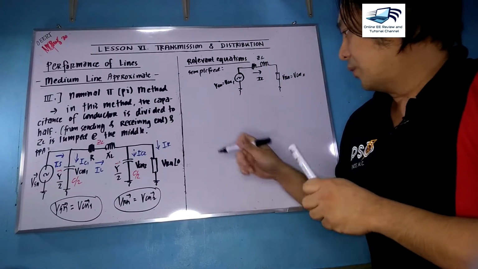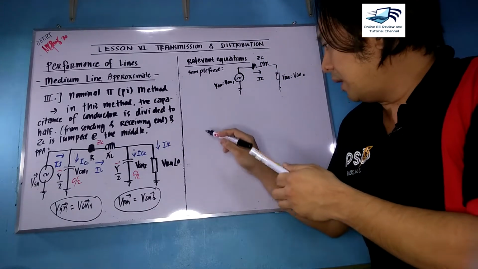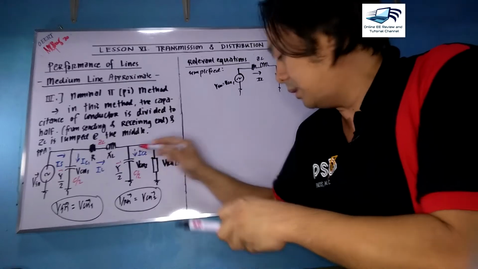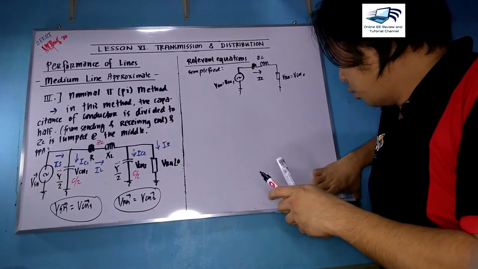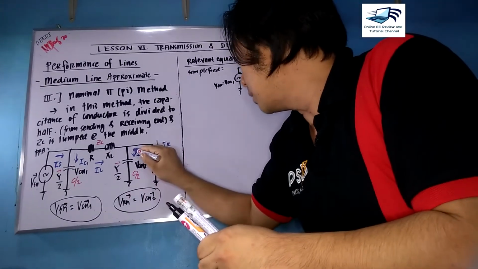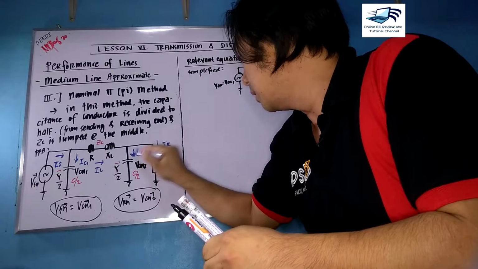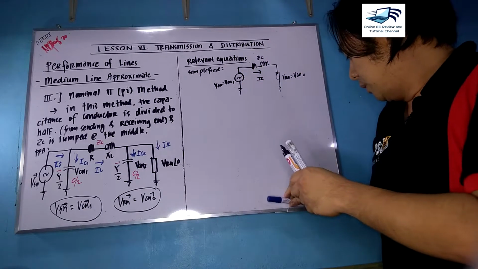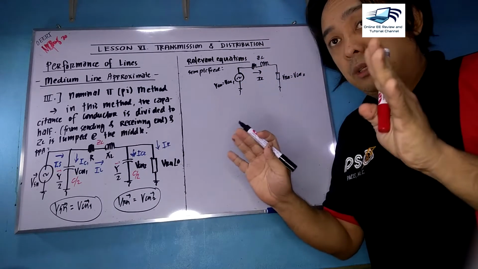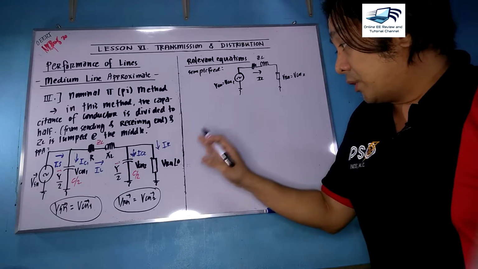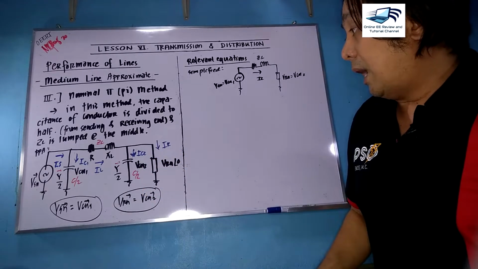First, this is IC2, by the way. This must be blue, sorry, it must be IC. There's an arrow sign here. Now, you can first get the IC2 here.